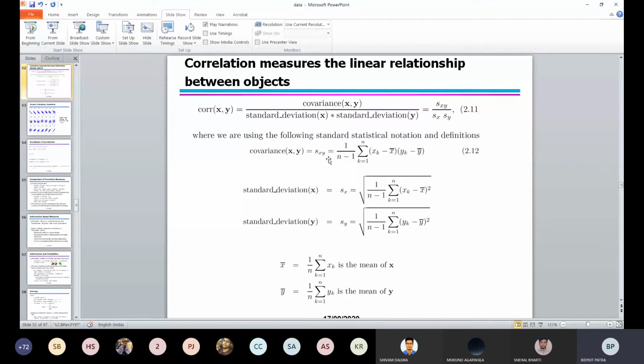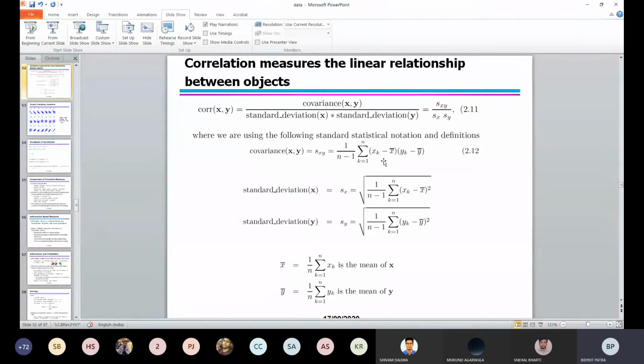So the covariance formula is here. As I said, it is the covariance between two variables, in a sense between two features. Let's say you have two-dimensional 2D data, so you can plot it in 2D.